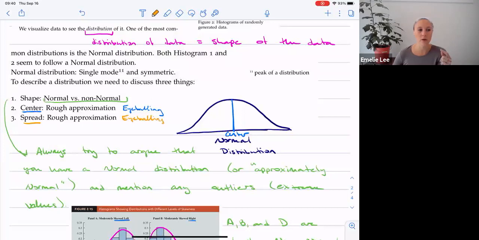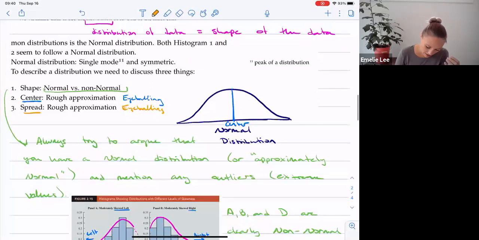And usually what I want to talk about for the spread is just an idea of reasonable values, right? It doesn't have to be exact at all. We just want to talk about magnitudes, meaning are things between 0 and 5, or are they between 100 and 500? What are some reasonable values?